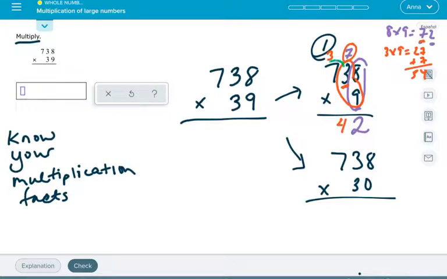Now we're multiplying 700 times 9, but we treat it as 7 times 9. So 7 times 9 equals 63, and 63 plus that 3 we need to add in equals 66. There's not another digit here, so we bring both down, and that's going to be 66. Okay, so that's our first step.